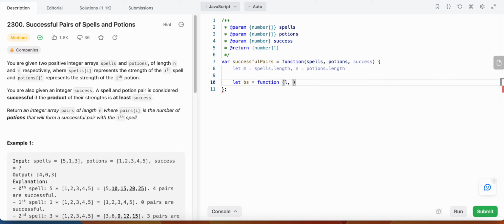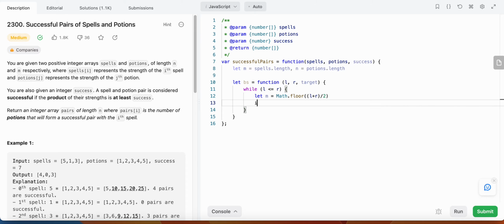We will need the left, the right, and the target, right? While left is less than or equal to right, we are going to find our mid. So let mid equal Math.floor of (left + right) divided by 2.